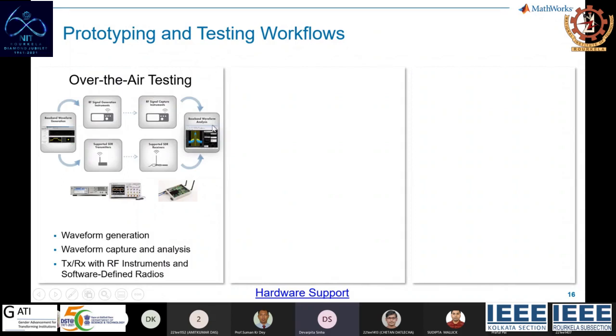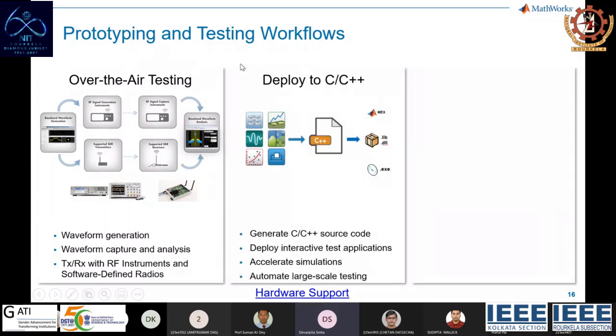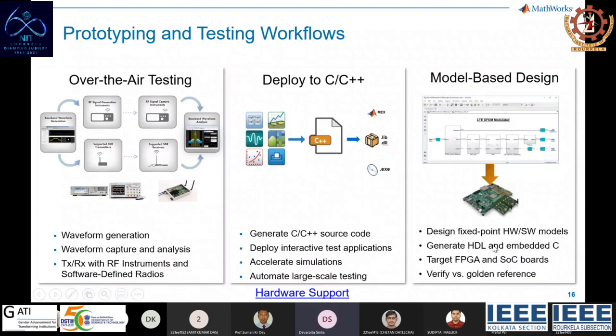On the receiver side, just vice versa, you can receive the signal from the RF receiver, or you can use your SDR as your receiver and use this signal for further processing. Then you can convert your MATLAB code to different coding languages like C, C++. Also, you can generate HDL code, embedded C code, and implement it in targeted FPGA and SoC boards.